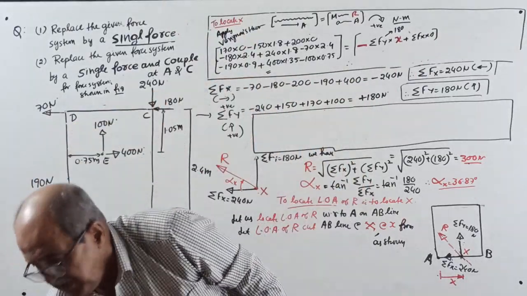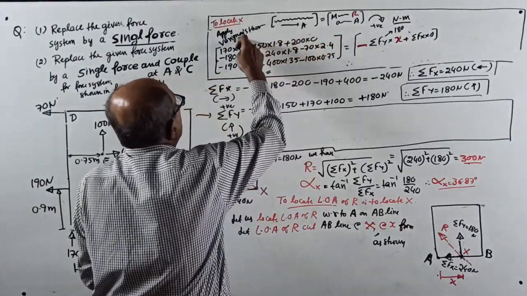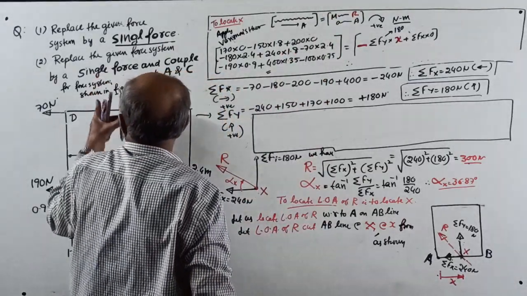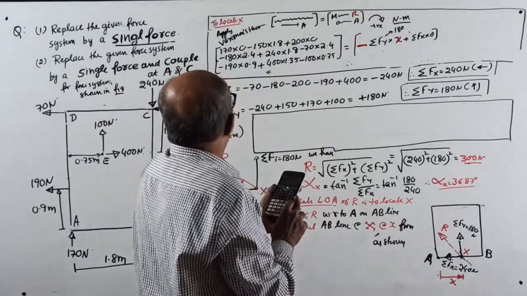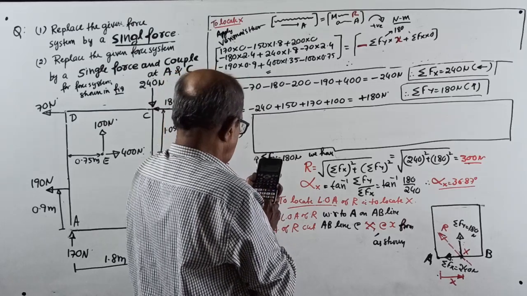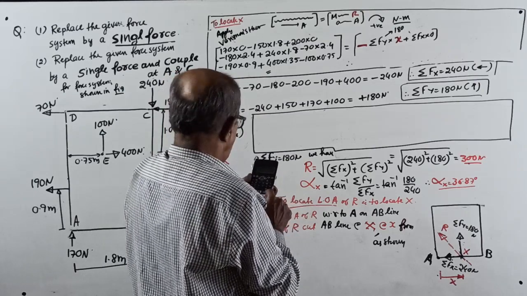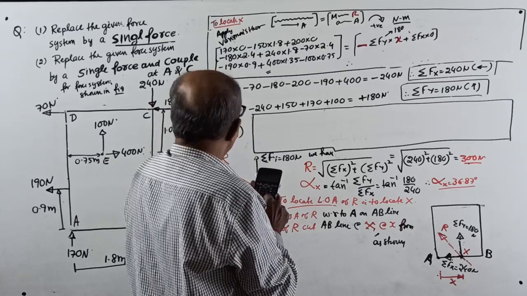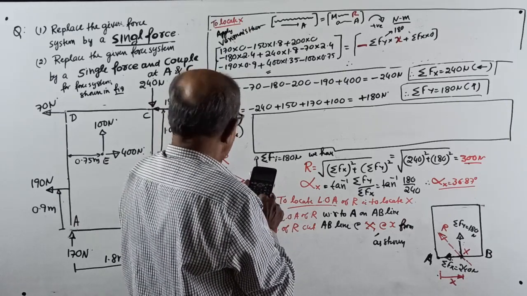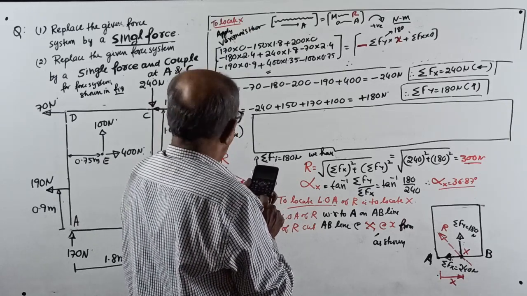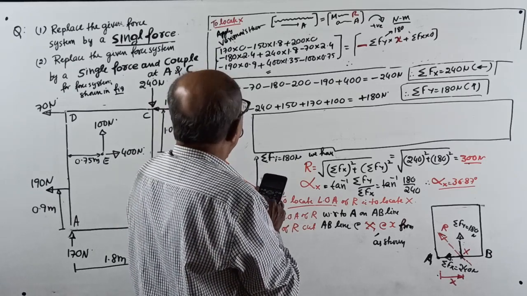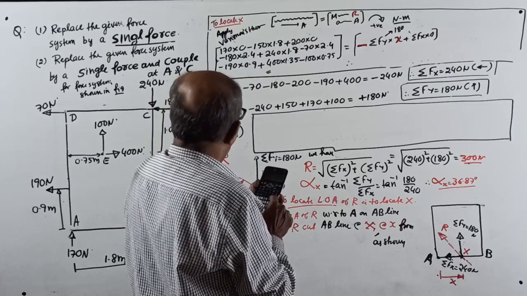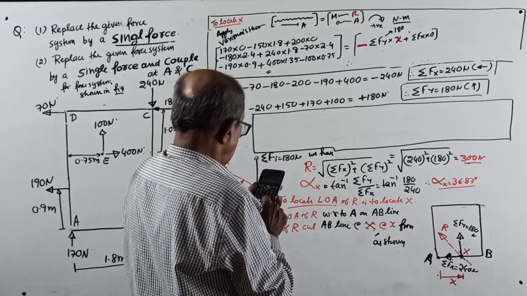Therefore, solving, I will calculate what is the left hand side. I want it for some reason. This left hand side is algebraic sum of moments of the given force system about A. Why I am telling the answer is you require it for the second question. 170 into 0 minus 150 into 1.8, minus 180 into 2.4 plus 240 into 1.8 minus 70 into 2.4 minus 190 into 0.9 plus 400 into 1.35 minus 100 into 0.75.